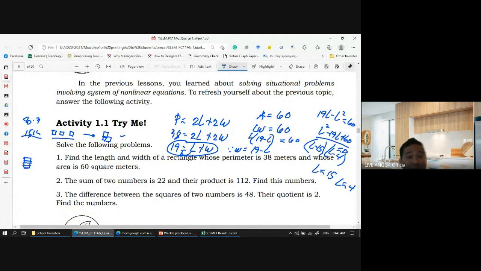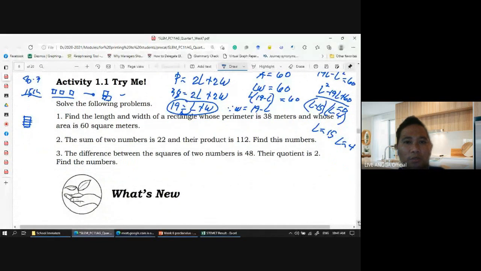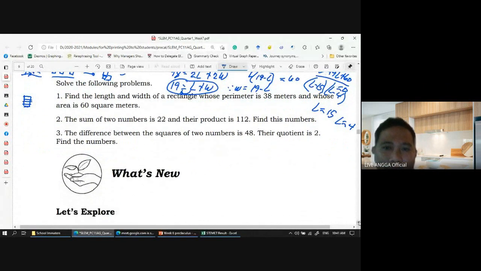So, this is a problem actually that will lead you to some of the systems of nonlinear equations, but we are given such a series na ang isa ay constant, ang isa naga-increase, or it could be the other way around. How about number 2? The sum of two numbers is 22 and the product is 112.